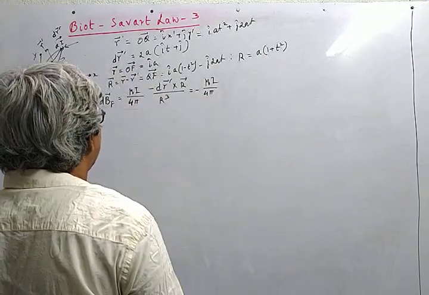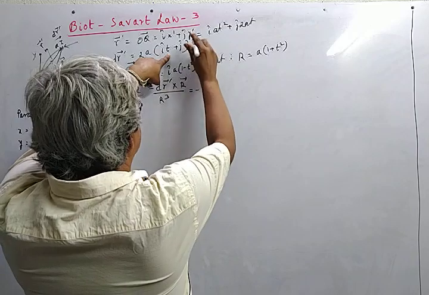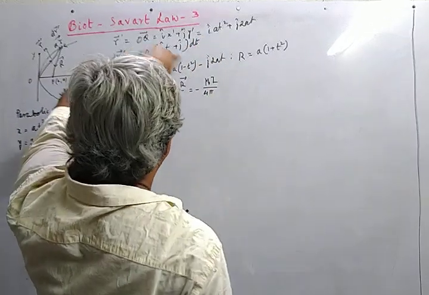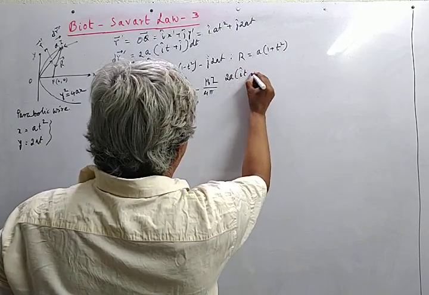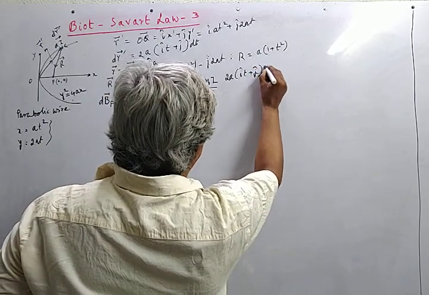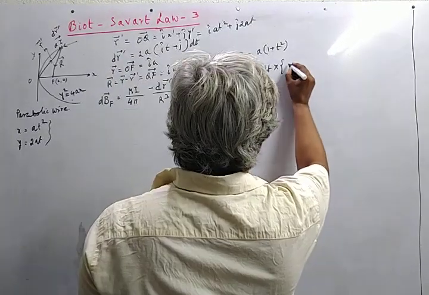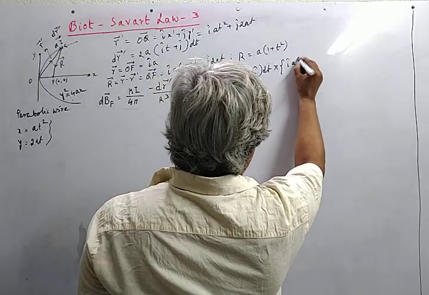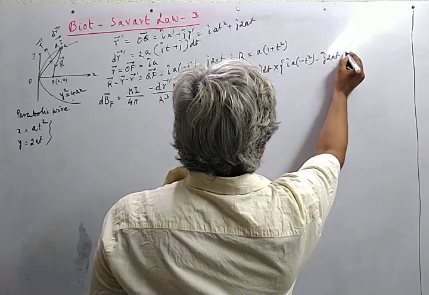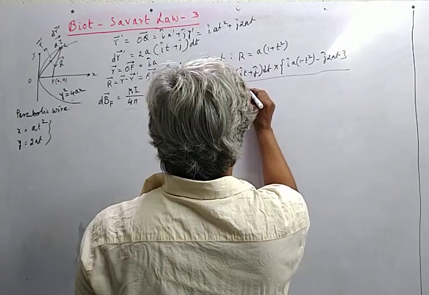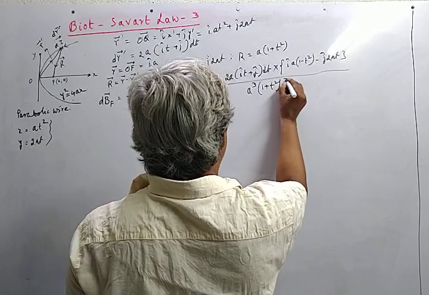For dr prime, I write this expression, 2a, with the differential dt, i cap t plus j cap dt, cross capital R, i cap a times 1 minus t square minus j cap 2at, divided by a cube times 1 plus t square whole cube. This is for R.